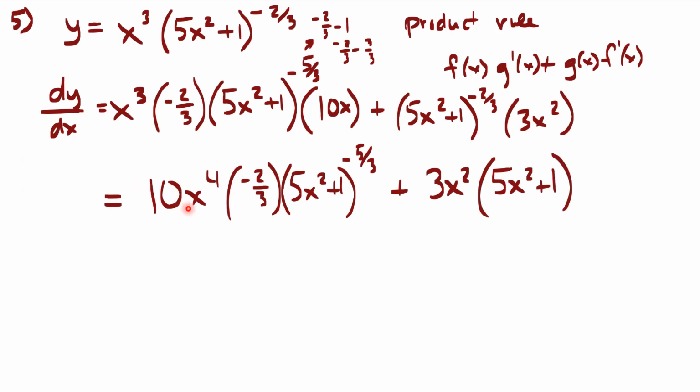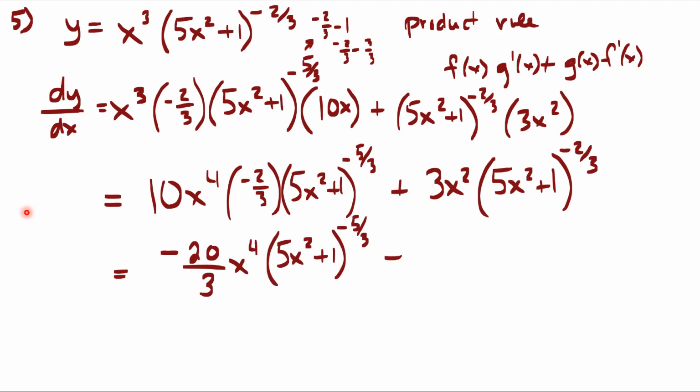Then let's deal with this one right here. Let's go with negative 2/3, so 3 on the bottom. 10 times negative 2 is negative 20, so everything else remains the same. Oh, totally forgot the exponent there. Sorry, the exponent over here is negative 2/3. Okay. So negative 20 over 3x to the fourth, and everything else remains exactly the same, no changes.